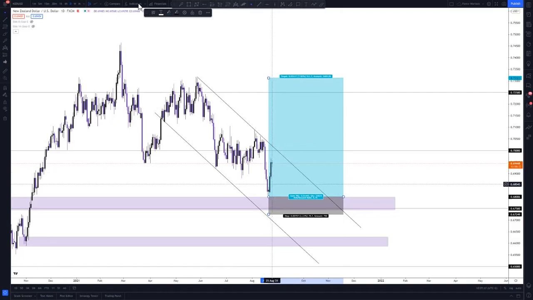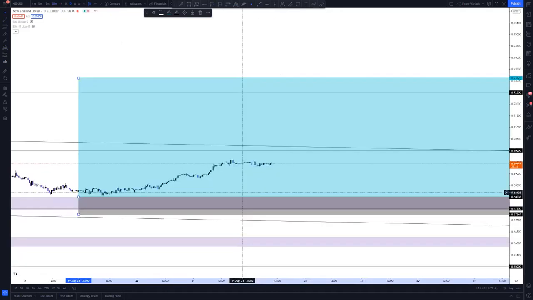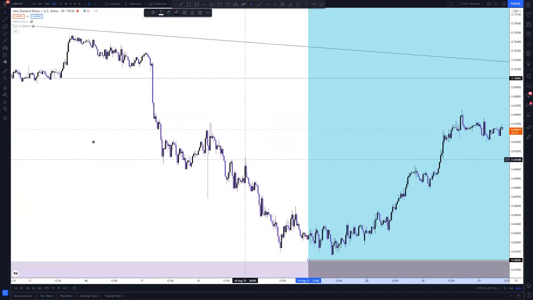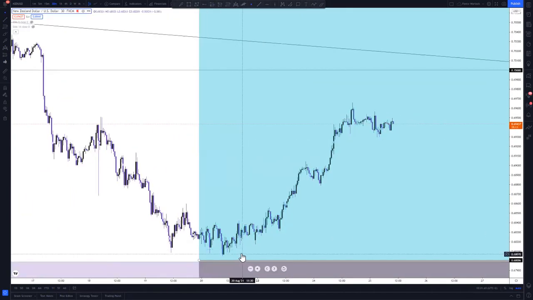I'm sure the entry will be at around 30 minutes or 1 hour. Let's look at 30 minutes. I'm sure by this level, you will see an entry at 30 minutes or an hour. Around those levels, can you see? Let's see, 1 hour.